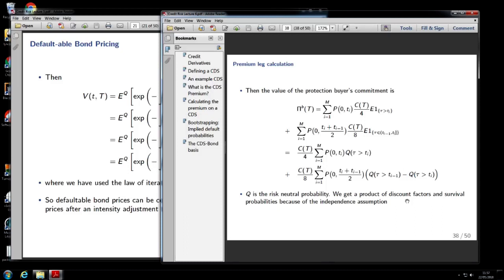What's the value of the recovery of the seller's leg? He's going to pay me 1 minus delta times the probability that default happens. The default happens at the midpoint in the interval, so that's why I have these two values here.